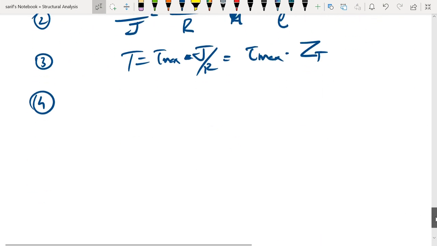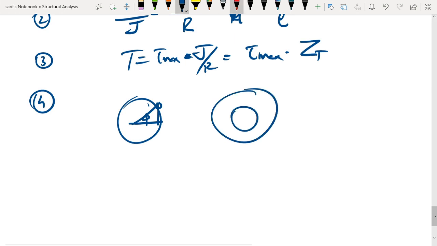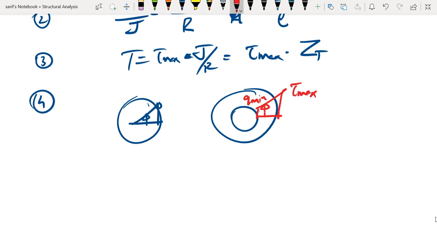We drew the variation for a solid shaft like this, and for a hollow shaft like this. We had minimum here and maximum here, so we had 0 here and maximum here, so both the variations are linear.